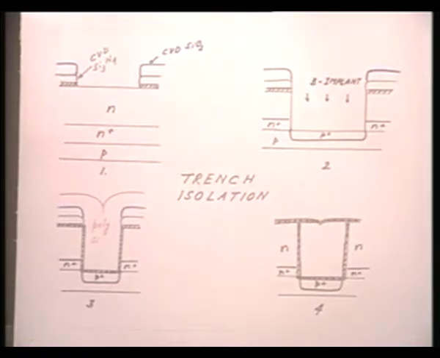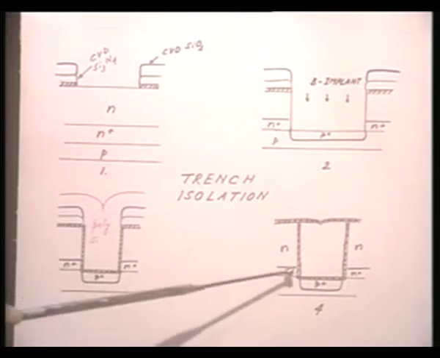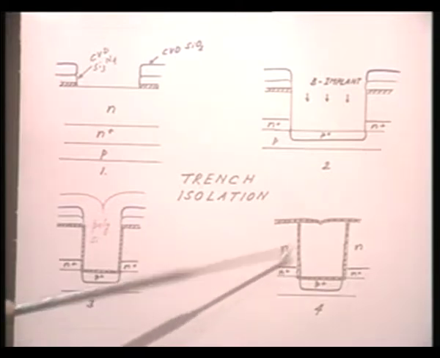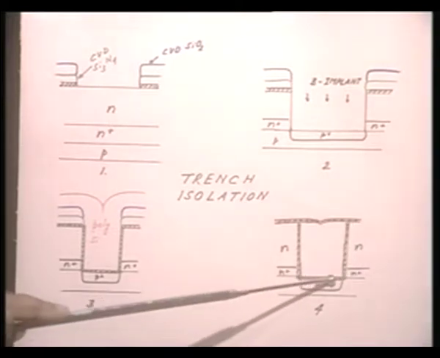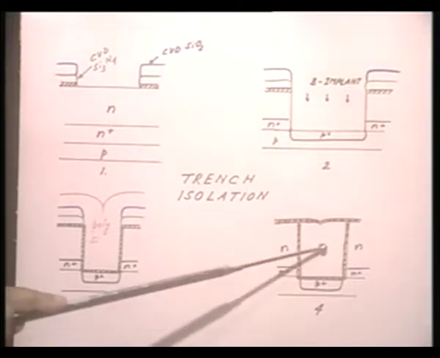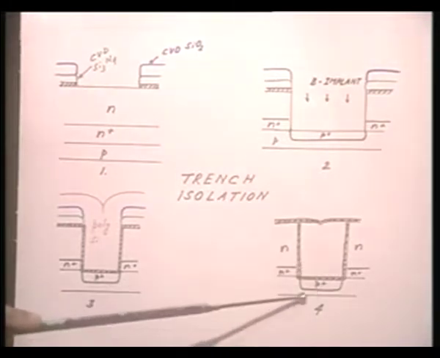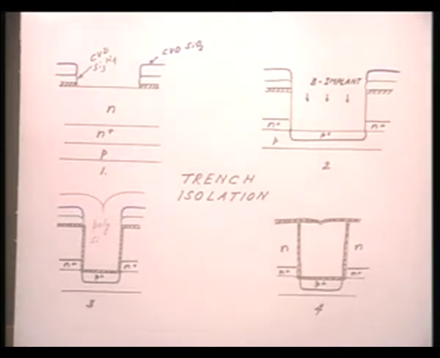Now, we come to the question, why did we need the P plus implantation? What is the importance of this P plus boron implantation? Look at the bottom of the trench. What do we have? We have an N plus region here, another N plus region here, separated by a thin oxide, and then on top of that the undoped poly, and we have the P region here.